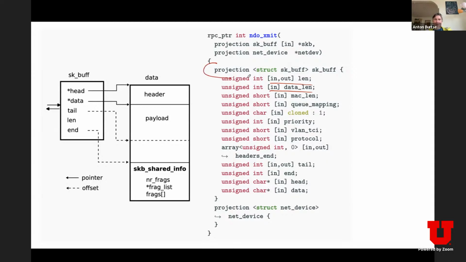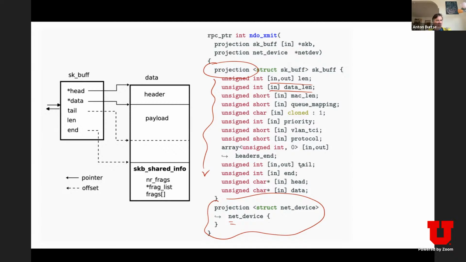This keyword projection means that we will project some selected fields of the data structures into the other subsystem. That's how we define what has to be projected. And here for the net device, I don't think we synchronize anything, because this projection is empty, but maybe it's just an example.